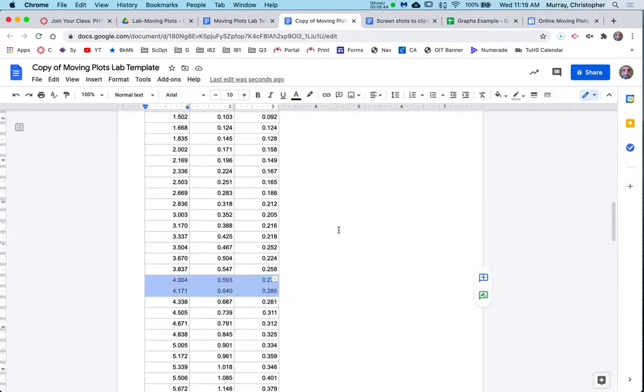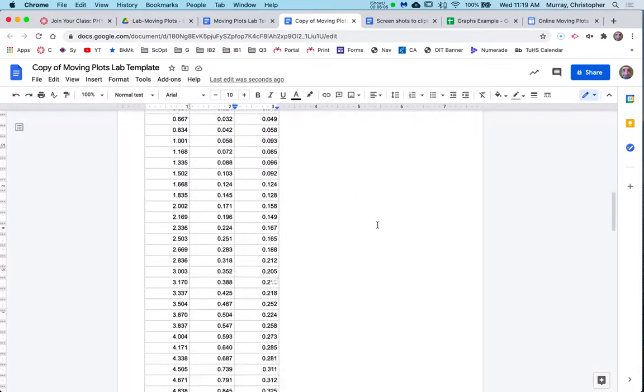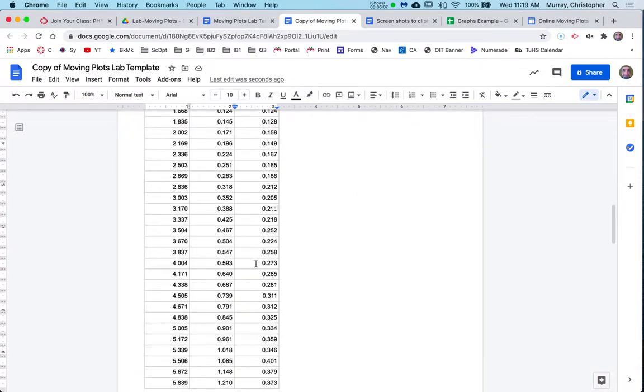Well, there's 4.1 seconds. Notice that it's 0.273 and 0.285. So I'm going to write a sentence like this. The slope of my tangent line was 0.278 meters per second. The values of the velocity at that point in meters per second at 4.1 seconds ranged from 0.273 to 0.285. This is a remarkable concordance. It is amazingly close. I don't know, it's in the ballpark.